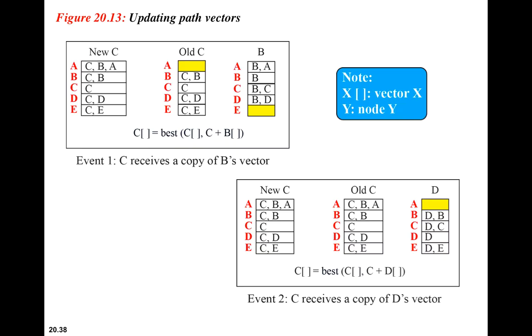Now, updating the path vectors. We have the old path vector for C. The path vector for B has arrived. In this case, we now have a new entry, which is we now know how to go to A. So we take this route and we first add C to the beginning and then we put the route in.